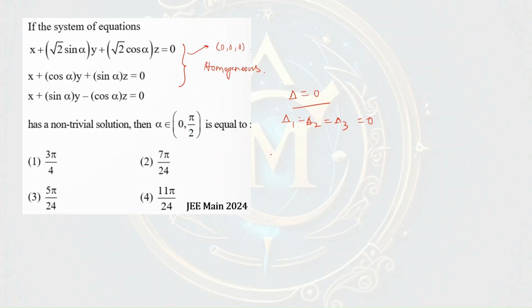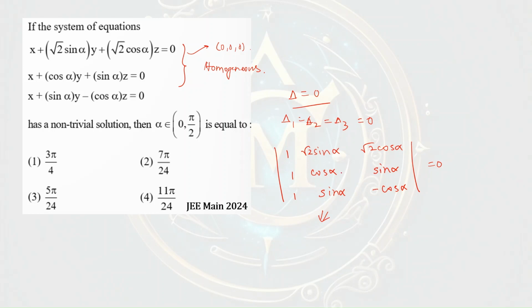Now for delta equal to 0, we simply put this determinant, that is the coefficient determinant. It becomes 1, cos alpha, sin alpha, then 1, sin alpha, minus cos alpha, equal to 0.